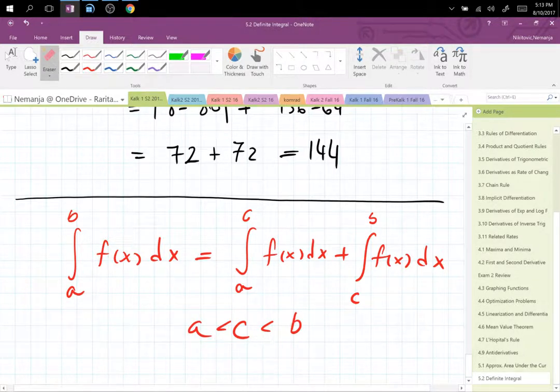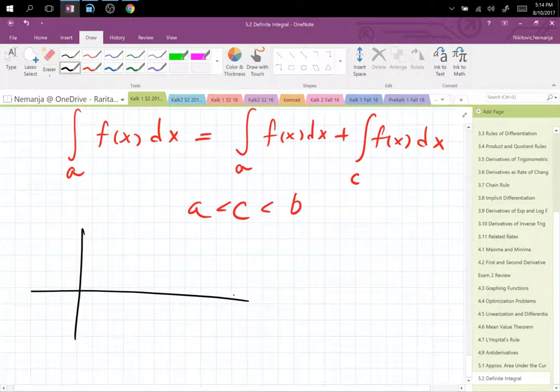If c is in between a and b, then you can interrupt the integral at any point as long as you pick up at that point when you go on. And you can make as many of these cuts as you want. You can go from a to c, then from c to d, then from d to b.